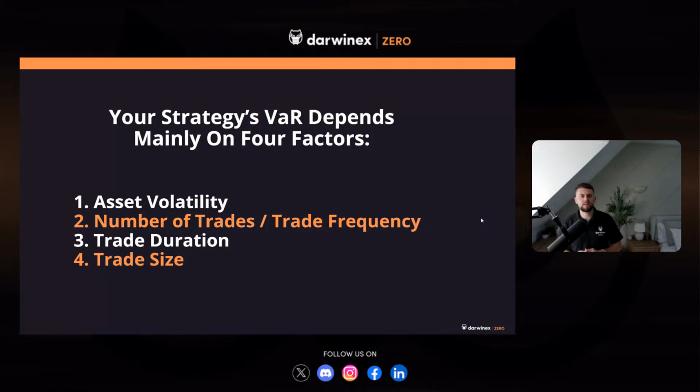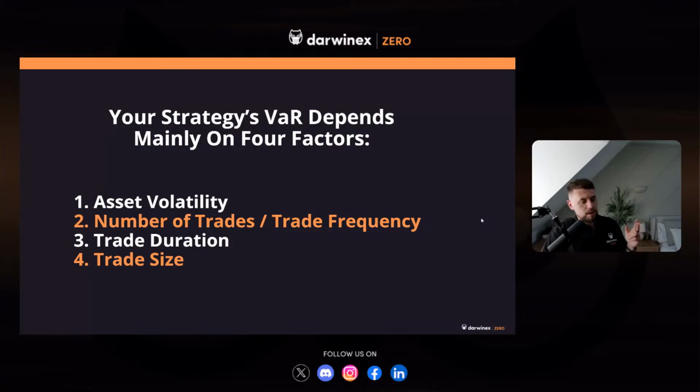Number 1 is asset volatility. If you're trading assets higher in volatility, like Bitcoin or NASDAQ, compared to something like the euro dollar, the assets inherently have a higher ATR or volatility range, meaning there's more room for that asset to have higher P&L swings on any given day. Therefore, the risk of that trader is slightly higher.